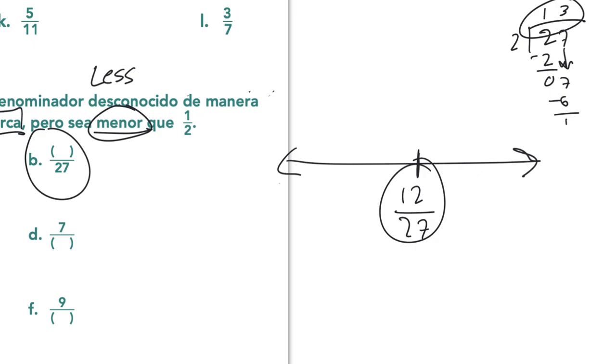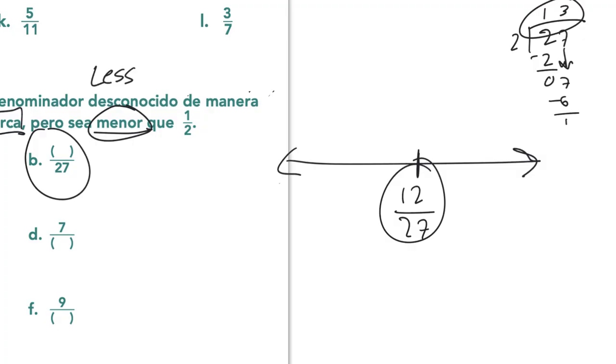This does not have to be perfect. If not, we would have to try to figure out a different denominator here. But here we're just trying to figure out about what's less than that, like closest to the halfway point, and then a little bit less. Some examples may ask you for a little bit greater than. So if it was asking us for greater, then we would have done 14. But in this case, they're asking us for less, so we're doing 12.